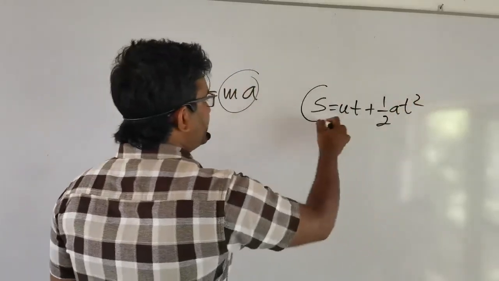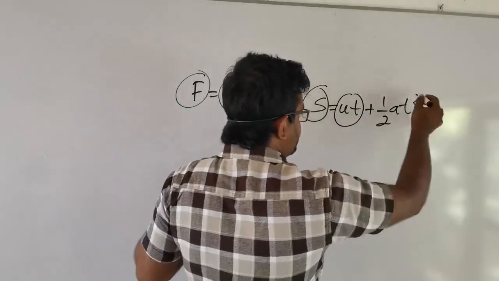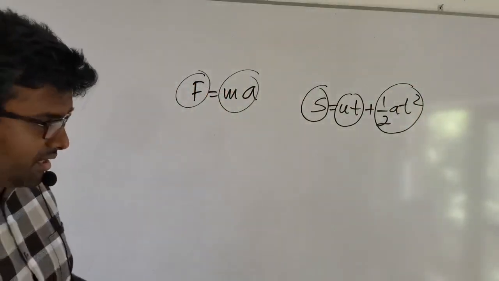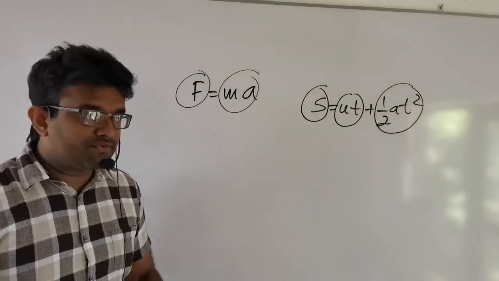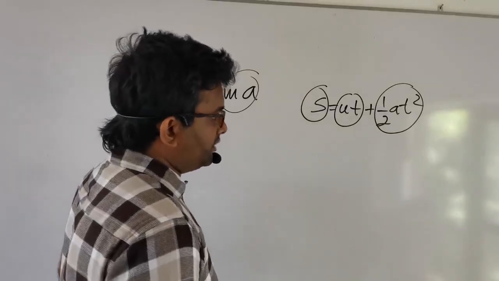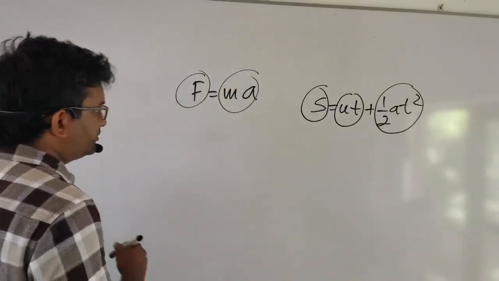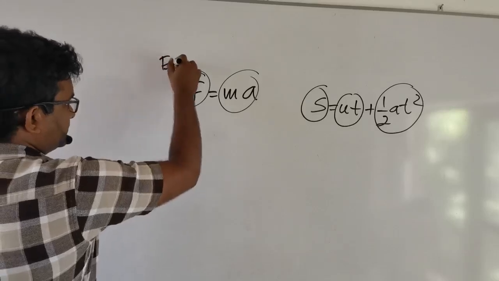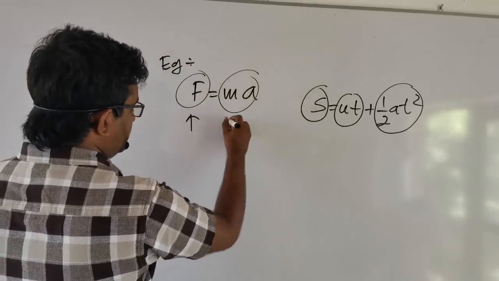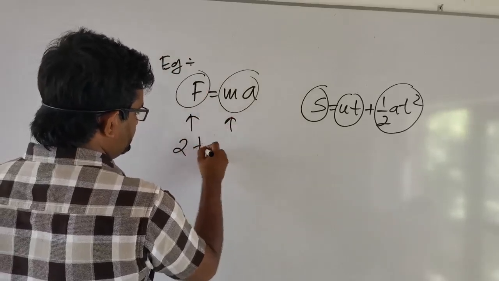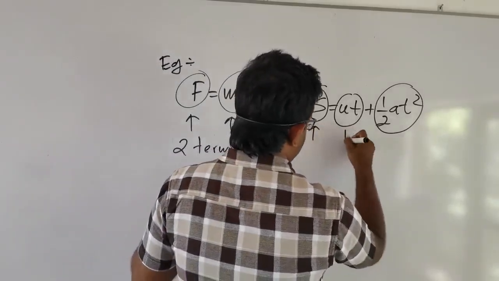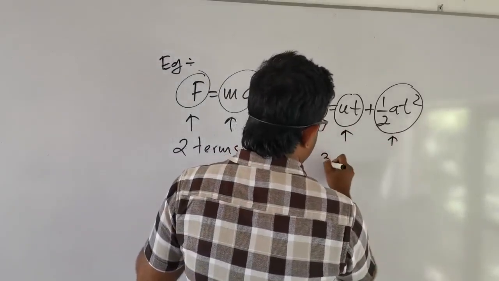In this equation we have three terms. That is how we identify the number of terms in a given equation. Then write down an example: this one has two terms, and here three terms.